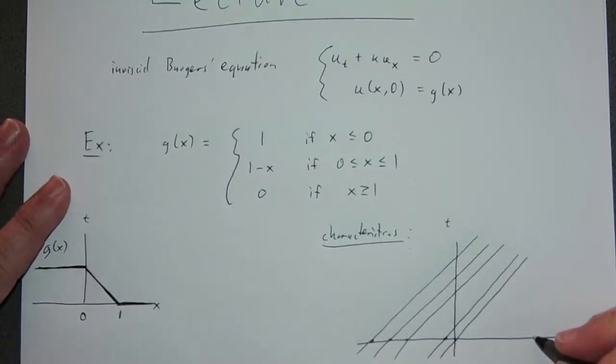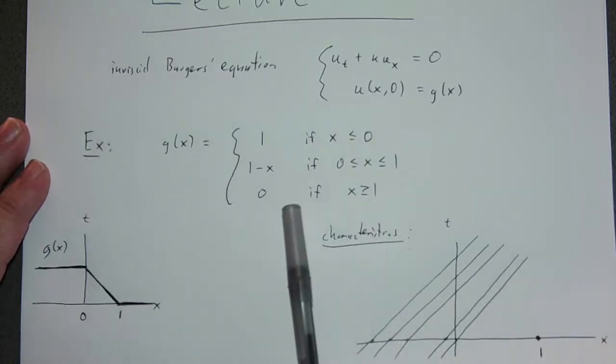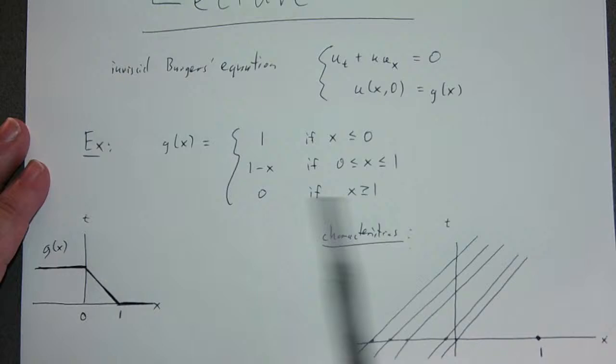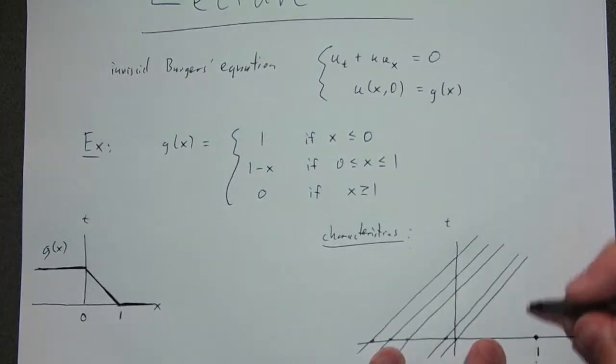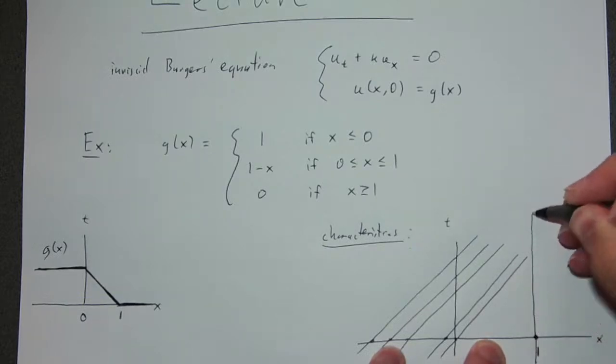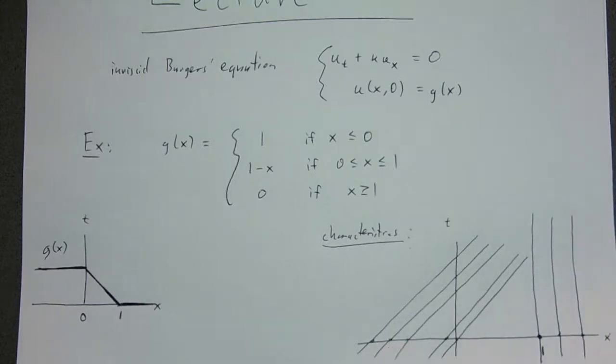Now, let's pick what happens at x equals 1. At x equals 1, those characteristics have slope 0 with respect to t, so these are vertical lines. So at any points here, characteristics look like this.